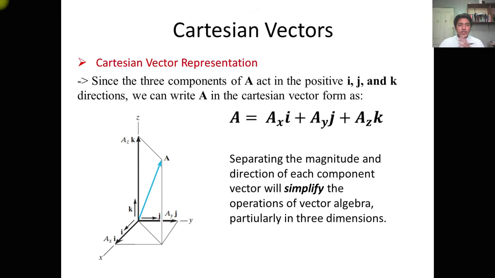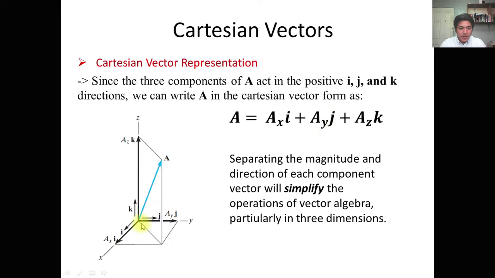So, as you can see, if we include the unit vectors i, j, k, we will have this formula: the vector A is equal to A_x, that's the component of the vector along x, multiplied by the unit vector i hat, or i simply in boldface font, plus A_y j plus A_z k.